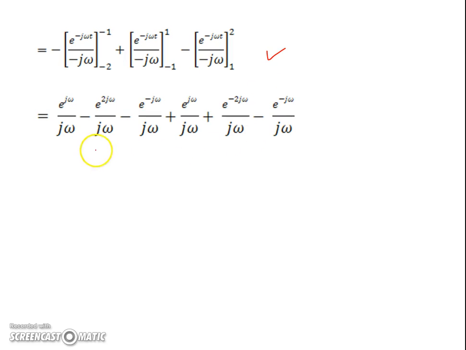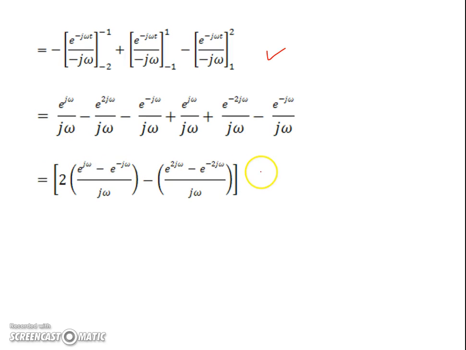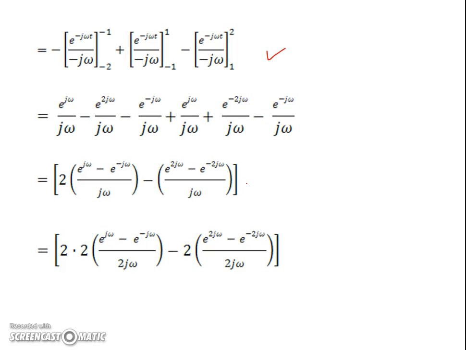So we can simplify the like terms, and we will get a line like this. From here, we will know that sine x is equal to exponential jx minus exponential minus jx over 2j.